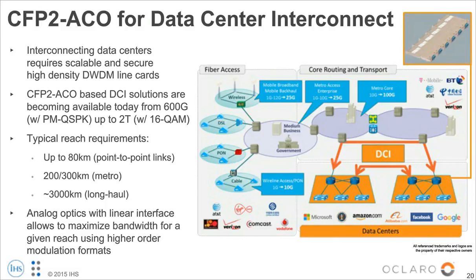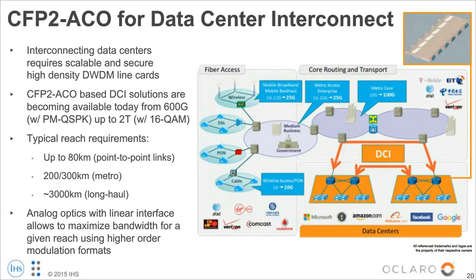In metropolitan areas you have multiple data centers that need to be interconnected via point-to-point links, tens of kilometers, say, or up to 80 kilometers. But there are also requirements to interconnect data centers over hundreds of kilometers, going through a traditional network, or over the long haul or ultra long haul, even up to a few thousand kilometers.